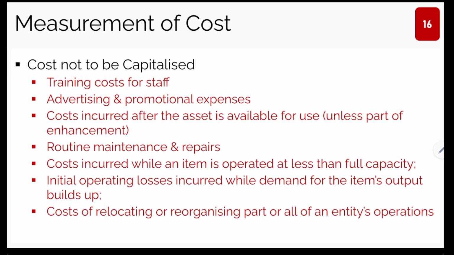That cost should not be capitalized because the asset had been available for use maybe 3 months ago. So costs incurred after the asset has been available for use will not be taken as part of the cost of an asset. Routine maintenance and repairs should be expensed, not capitalized.